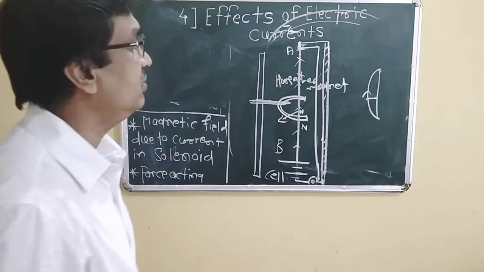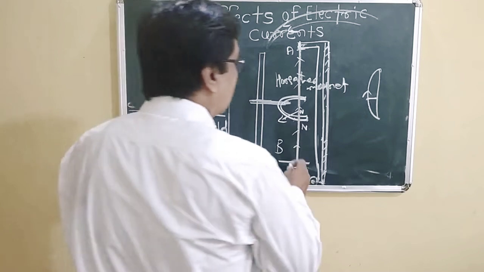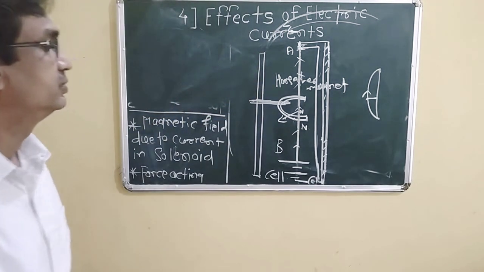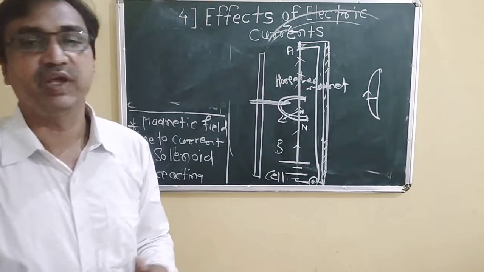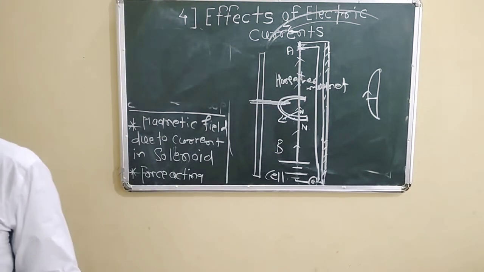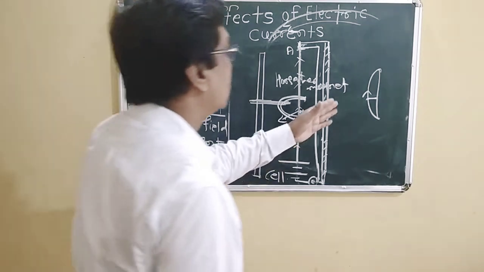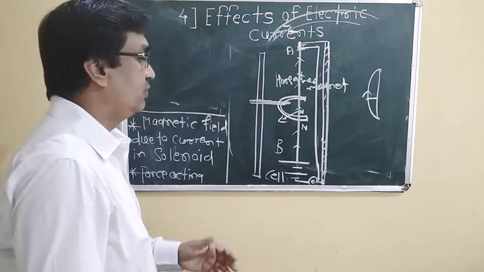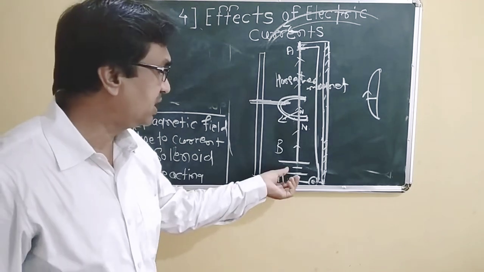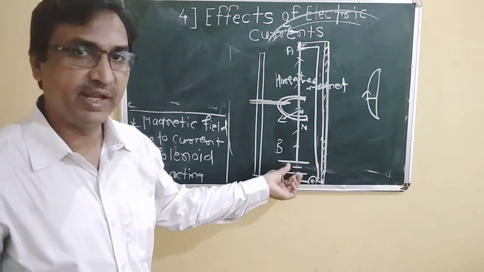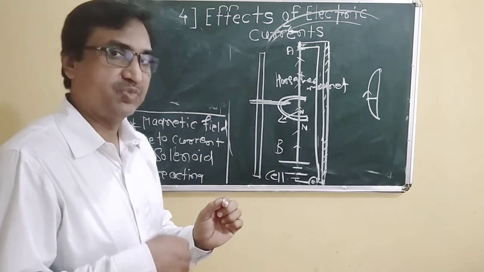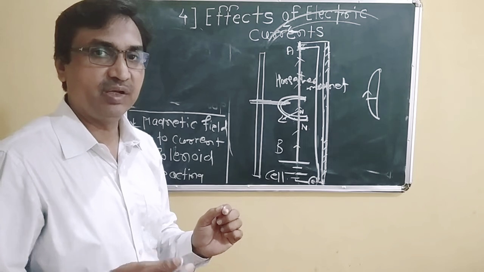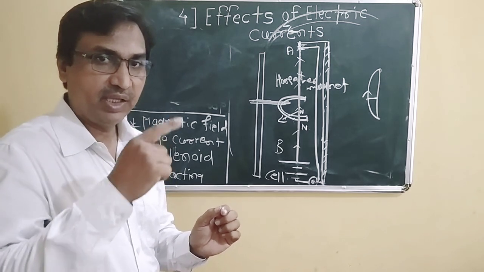When current is passing from bottom to top, it bends towards this left side. And when we change the polarity of the cell, that means the negative terminal becomes positive and the positive terminal becomes negative, the direction of current reverses in the electric circuit.